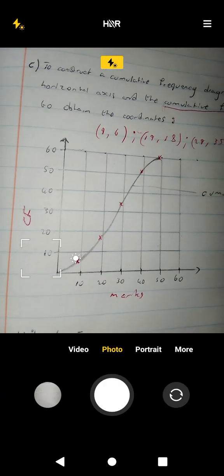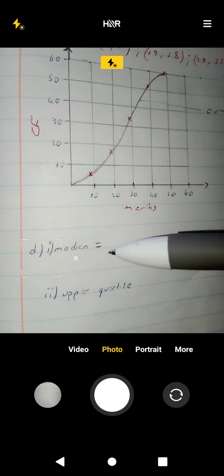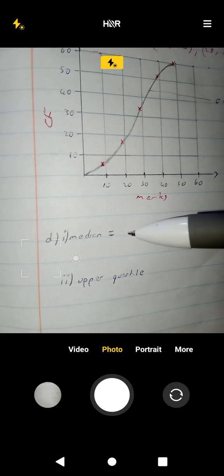Okay, so we want to find the median, so we should remember our formula for median position.